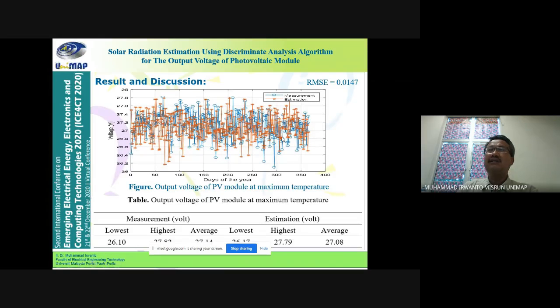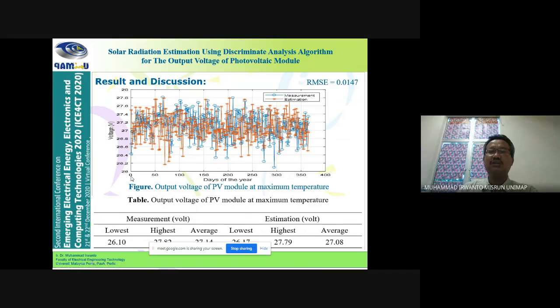When the estimated solar radiation is achieved and valid, we can apply it to the output of the photovoltaic module. The estimated and measured solar radiation is applied to the photovoltaic module for the maximum temperature, which is given before.